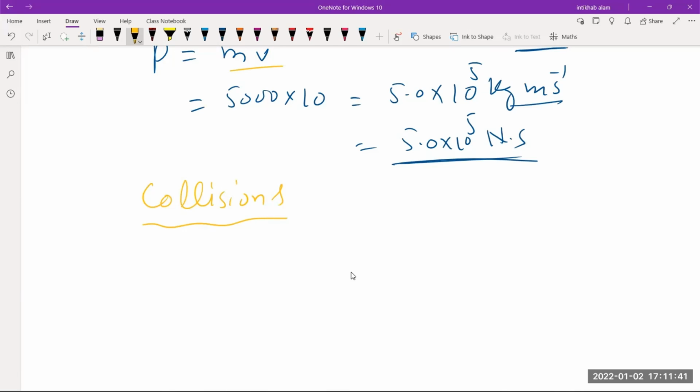Anybody can have momentum if it is moving and it has some mass. Otherwise, if there isn't any movement, there will be no momentum. So it's so simple, but it becomes a little complex in the case of collisions.